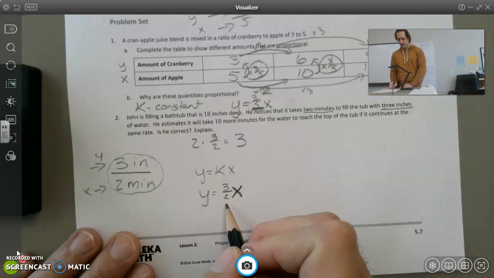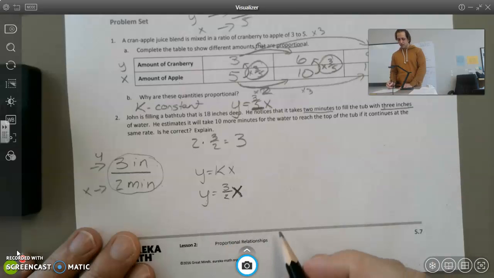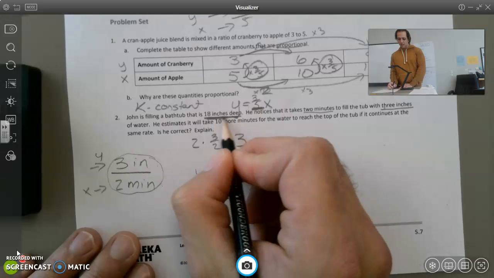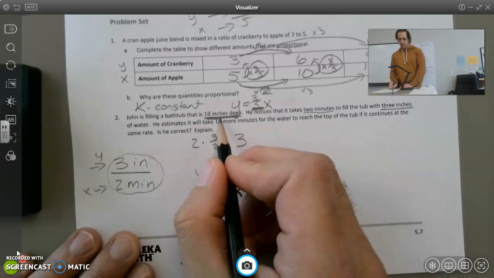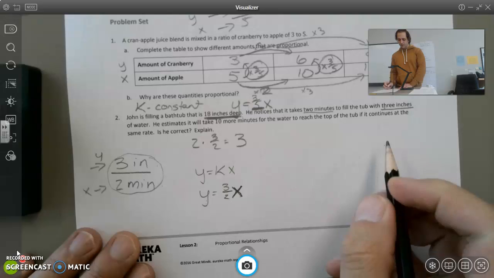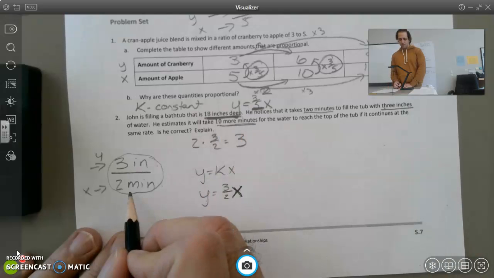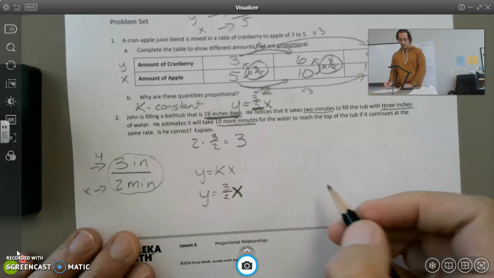Okay. Now let's actually answer the question. They want to fill 18 inches, and they want to do that in 10 more minutes. So if it's already been 2 minutes, that would be a total of 12 minutes.